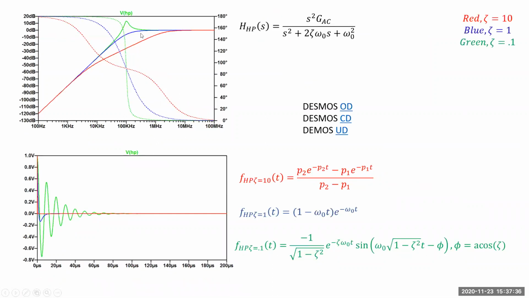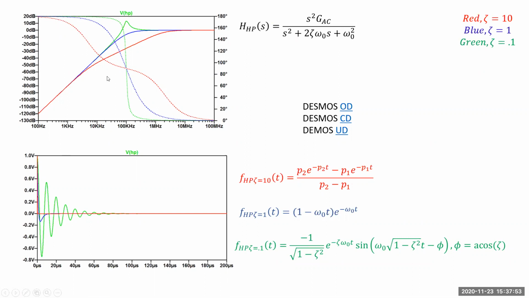Now, this is what I wanted to talk about with the high pass. The green is very obvious, a lot of ringing, clearly underdamped. Notice the blue, it's still critically damped, but it crosses 0 once and then settles.